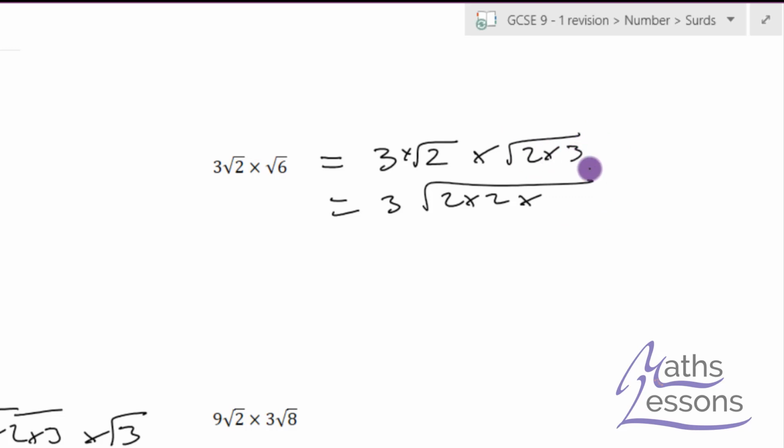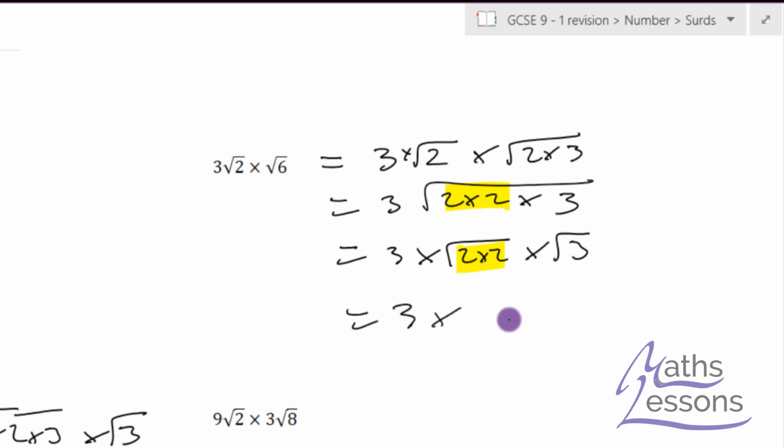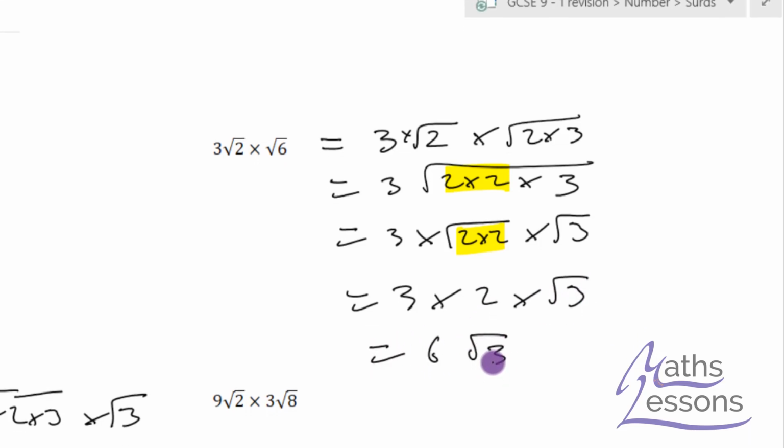Okay, that should be a 3. 2 times 3 is 6, so we put another 3 there. And we can see we've got 3 times the square root of 2 times 2 times the square root of 3. So I'm taking the 2's out, and the square root of 2 times 2 is just 2. So 3 times 2 times root 3, and my answer is 6 root 3.